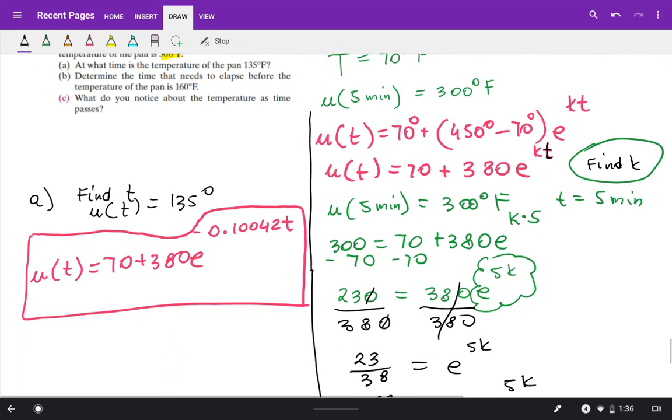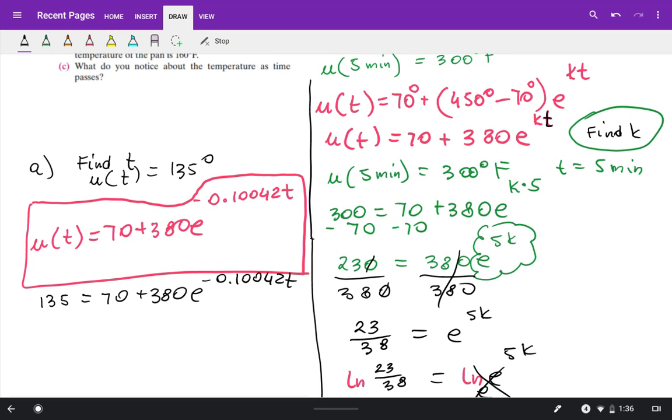Okay, so what we're going to do, we're going to use the equation which we just built. We're going to replace u of t with 135 and solve this equation for t. So what is the time when the pan has 135 Fahrenheit temperature?